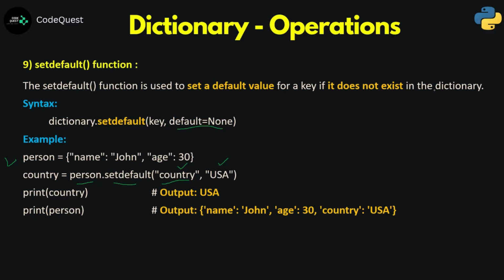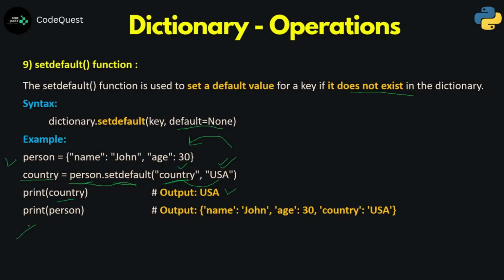Because it is not present in the dictionary, it is going to set a default value for this key, that is country. So country and USA as a key value pair will be added to this particular dictionary. Now when I'm trying to get the outcome of this set default, when I'm storing it in country, it is going to give me the corresponding value of this key.